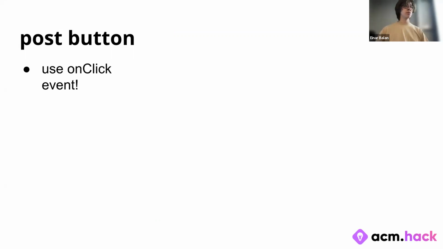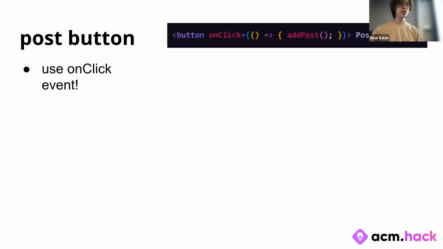It's going to be that button tag that we talked about before, and it will use an on-click event handler. When you click the button, it will call this. The reason we're passing it with an anonymous arrow function is that if you just have the add post function in the on-click, it will call it when this JSX is mounted.